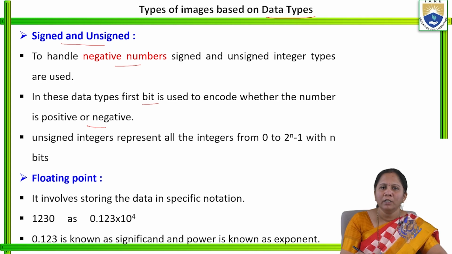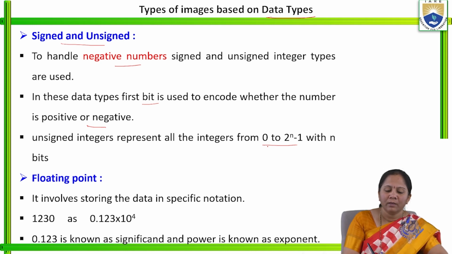For example, if we consider 8-bit data, that is n is equal to 8, that particular integer will be representing from 0 to 2 power n minus 1. For example, if n is equal to 8, it will be representing from 0 to 2 power 8 minus 1. So that first bit will be representing whether the number is a signed number or an unsigned number.